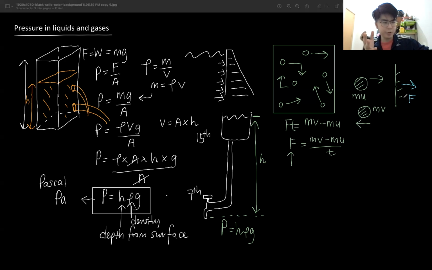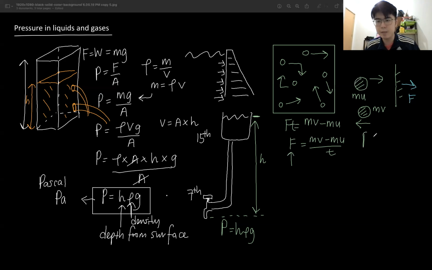But this tiny force adds up. You have millions of particles, so the total force acts on the wall of the container. If you divide it by the area of the container, you get the pressure inside the container.